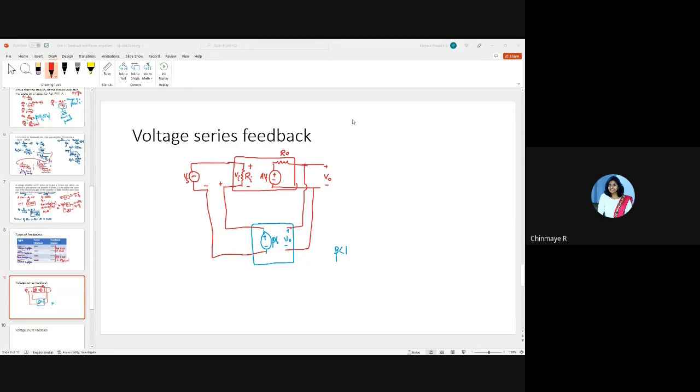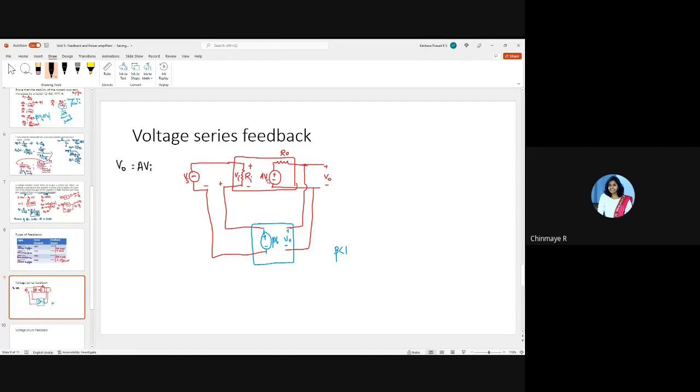Then we'll see what happens to the input impedance and output impedance of the closed loop system. So now let's quickly try to derive the gain of this closed loop system. We already know what we're supposed to get, but let's quickly do it. Here we know that V naught is equal to A times Vi, because this is open, no current.